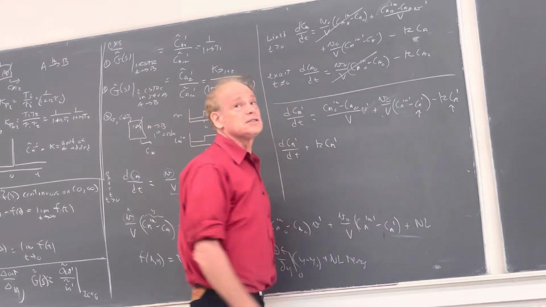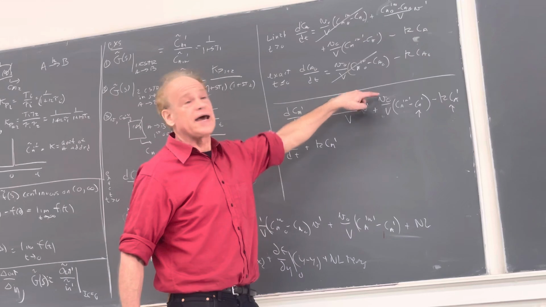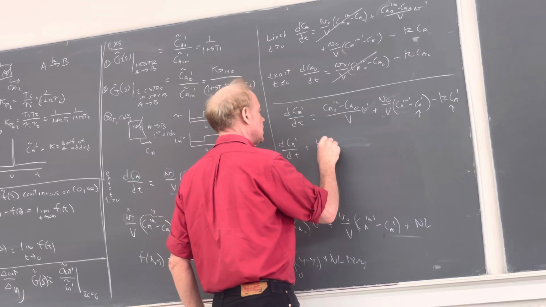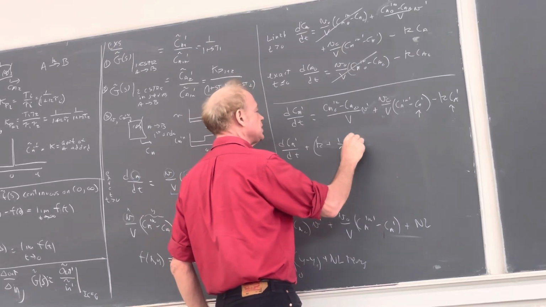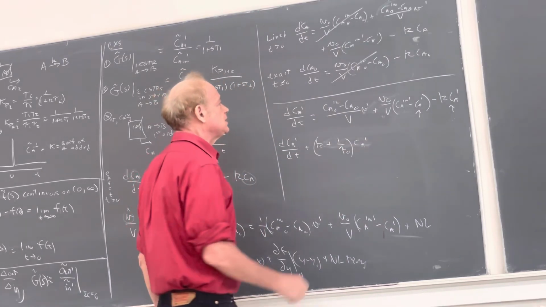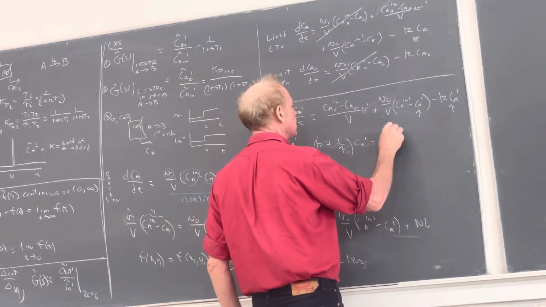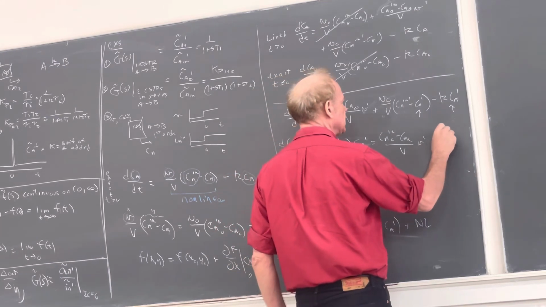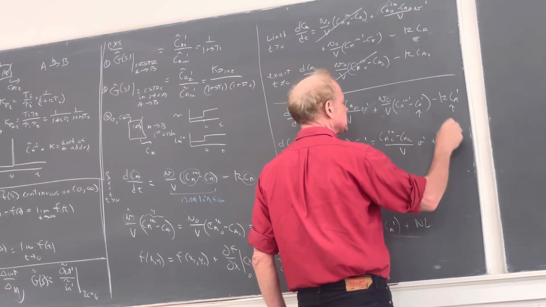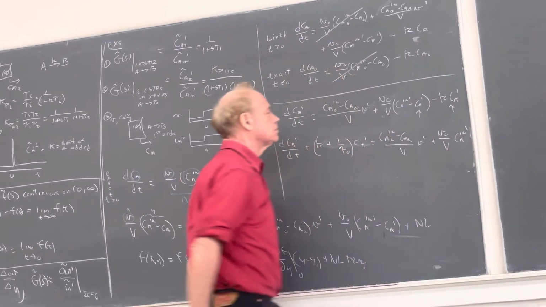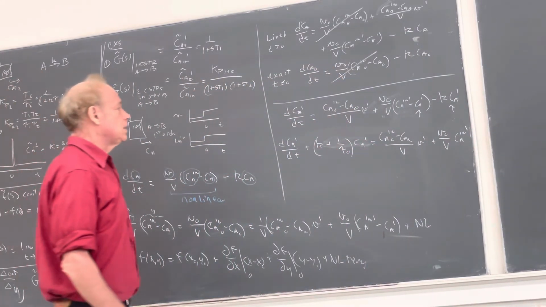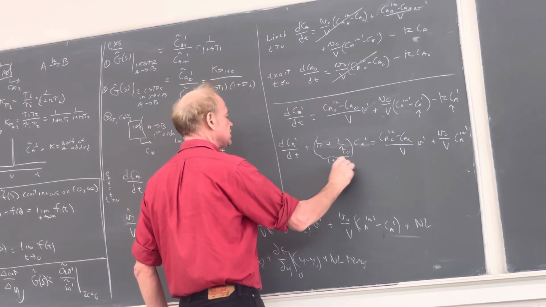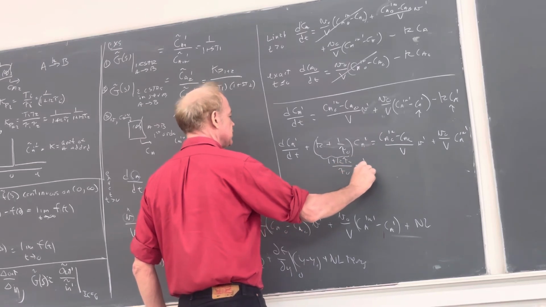And big V over little v is just tau, so I can write this as ca prime times 1 over tau 0, and that's equal to ca0 in minus ca0 over V times V prime plus v0 over V ca in prime. And now I do the usual. This I can write as 1 plus k tau 0 over tau 0, which I write as 1 over tau0.